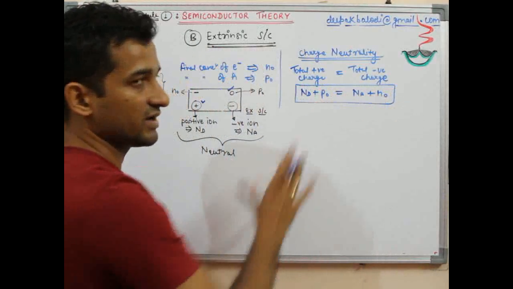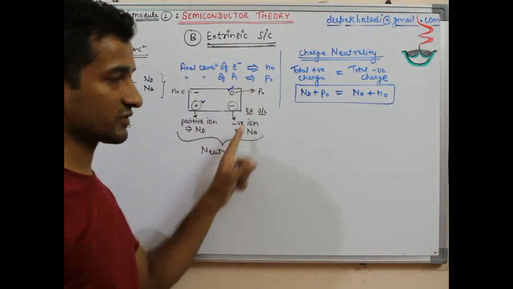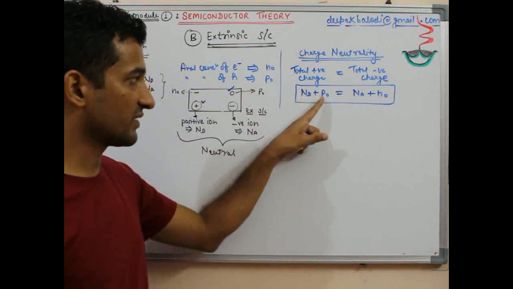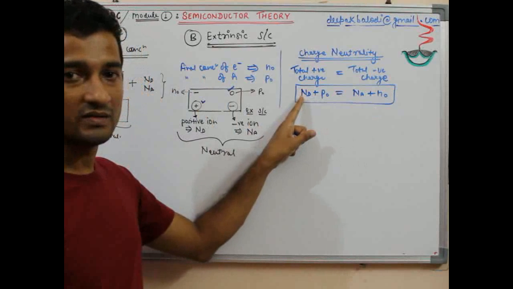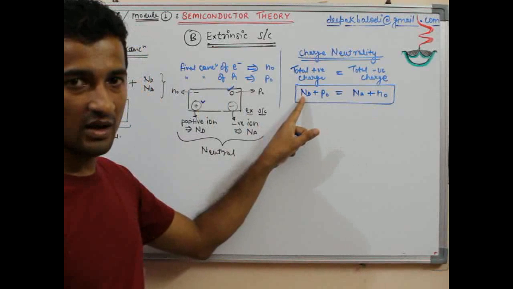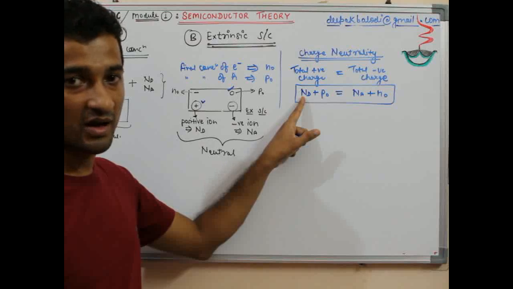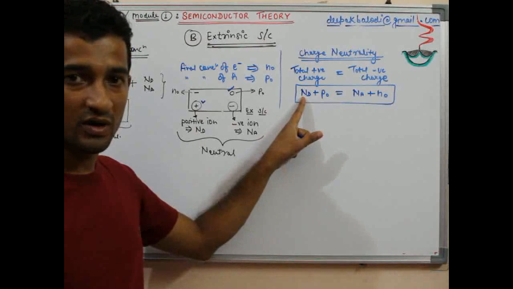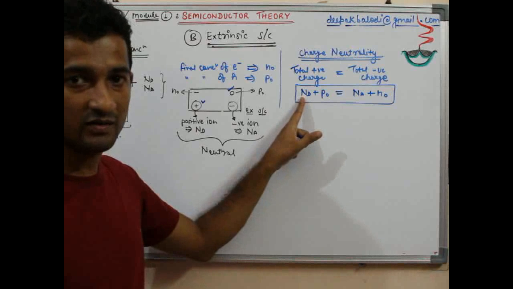Please watch this carefully and understand this concept carefully, because it looks confusing: Nd plus P naught. This Nd in a sense is a positive ion, because Nd is the number of atoms of pentavalent impurity that have donated their electrons, so whatever is left behind is a positive ion.